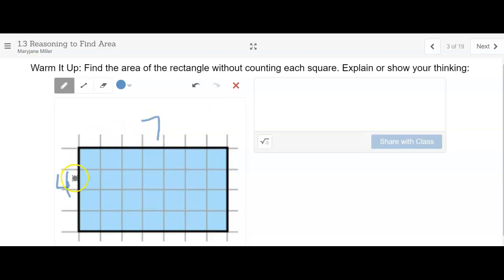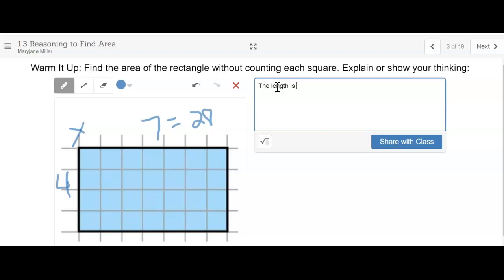And then I'm going to show my thinking. I have 4 times 7 equals 28. So I can also type in here that the length is 4 and width is 7.